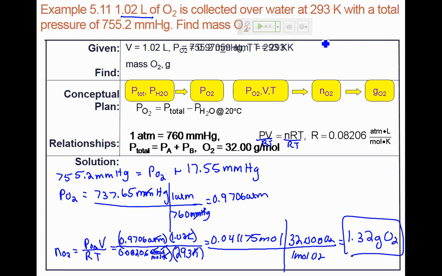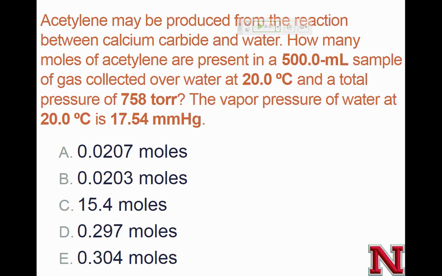So this was just applying what we've already learned to an actual chemical reaction, which is what would typically be done in the lab. So for this one, the answer would be B.